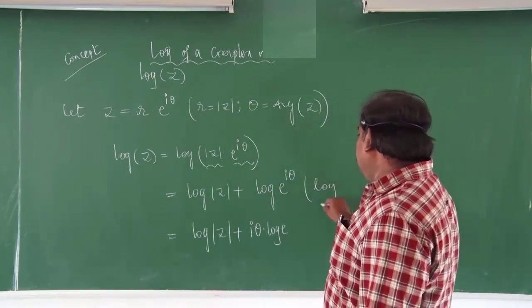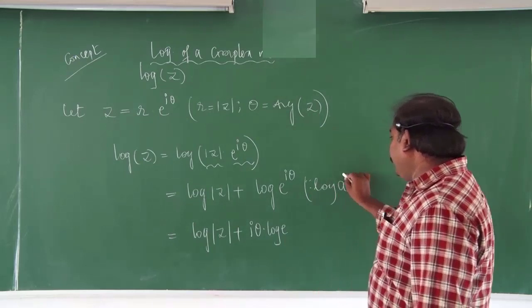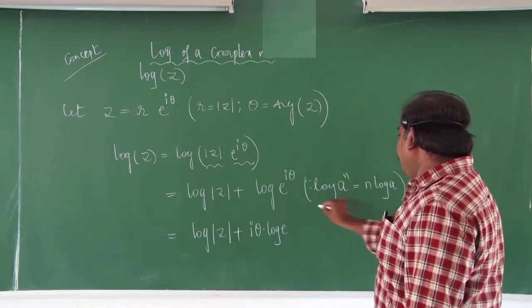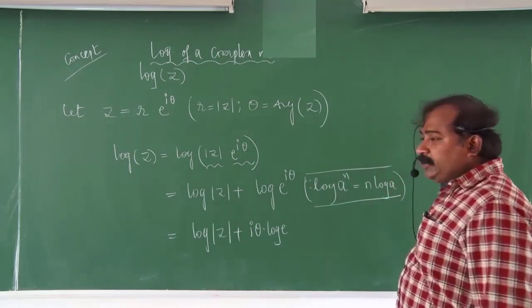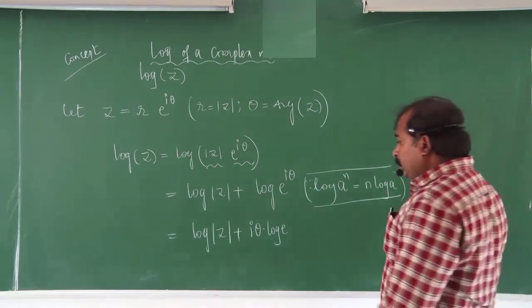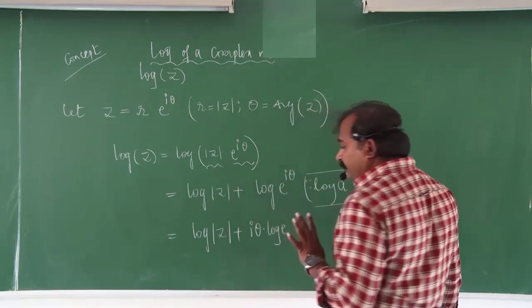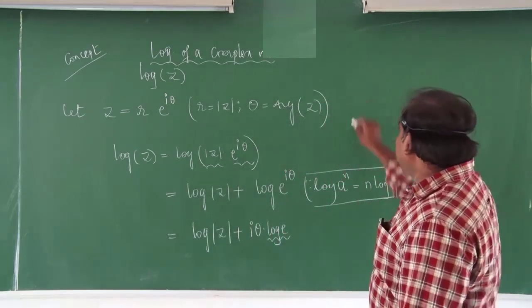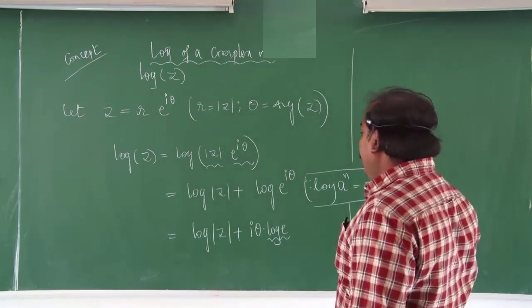Since the formula is logarithm of a power n is equal to n times logarithm of a. Based on the properties of the logarithm, I can write this as i theta into logarithm of e. What is the value of logarithm of e? 1 only.